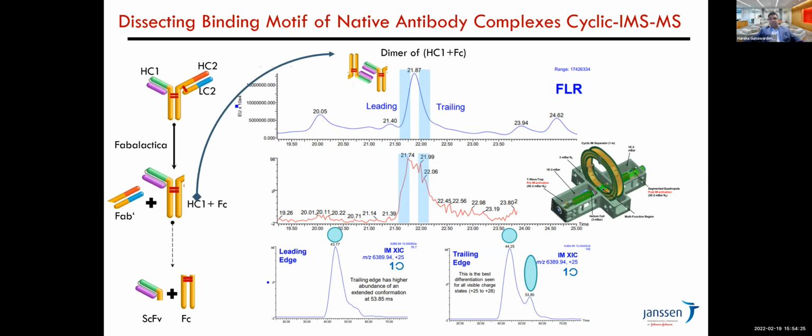So these are gas phase separation traces. You get a more compact structure on the leading edge, and a more elongated and less compact structure in relative terms, and also the compact form on the trailing edge of this dimer peak. So these are substructures that we don't necessarily see in solution, but we see them in the gas phase.